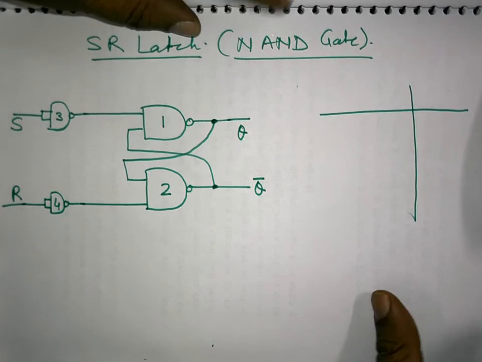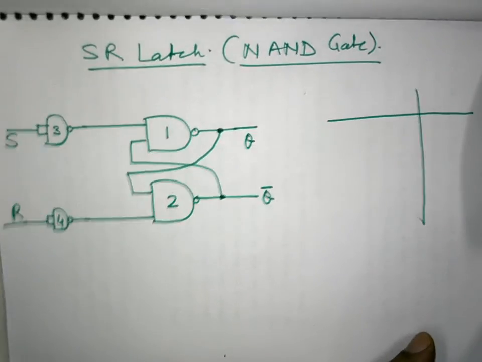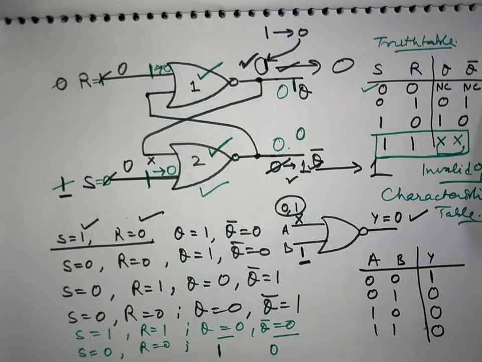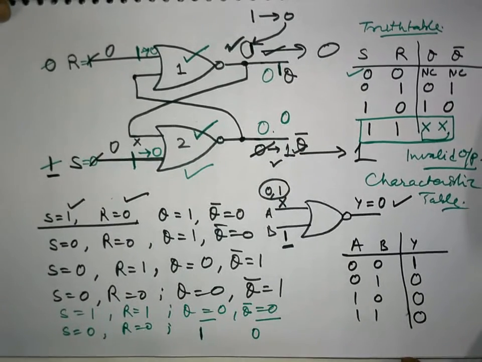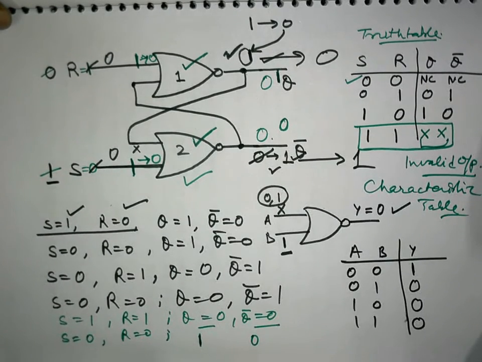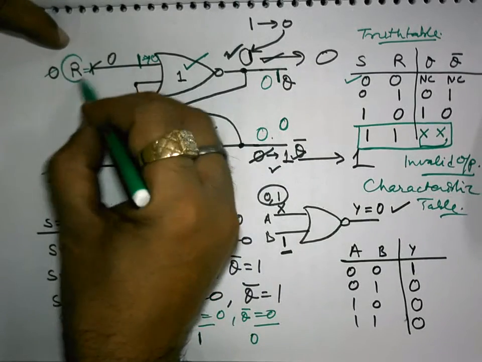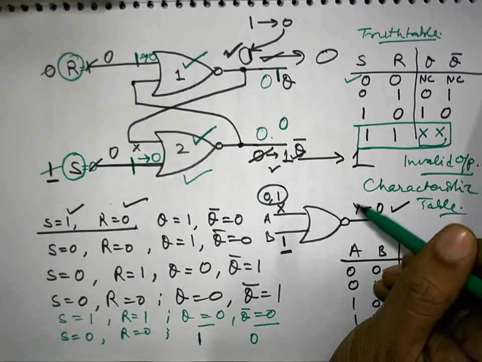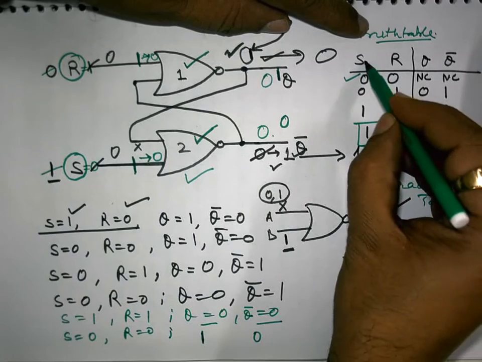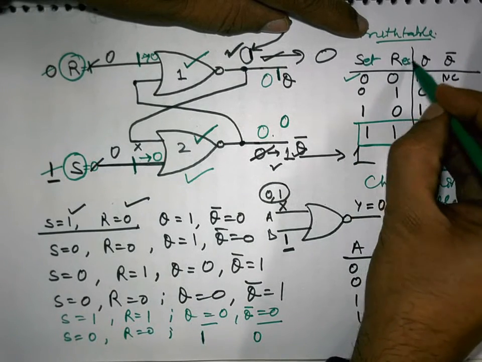But before going into detail of this, I should make one thing clear about the earlier circuit which was made by NOR gate. Why do we say this input S and this input R? Basically, S stands for set and R stands for reset.